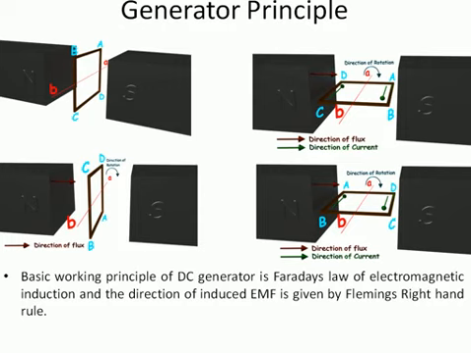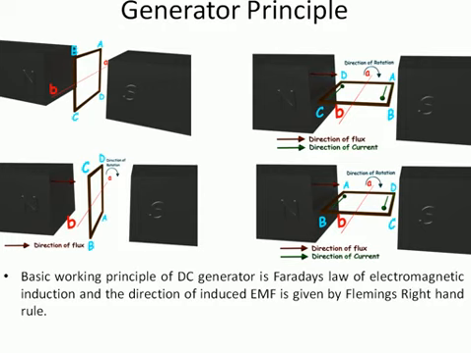According to Fleming's right hand rule, you have to stretch the three fingers in your right hand, that is the thumb, middle finger and the index finger. If you are stretching these three fingers in such a manner that they are perpendicular to each other, then the thumb will indicate the direction of motion of the conductor, the index finger will indicate the direction of flux, and the middle finger will indicate the direction of induced current or induced EMF.